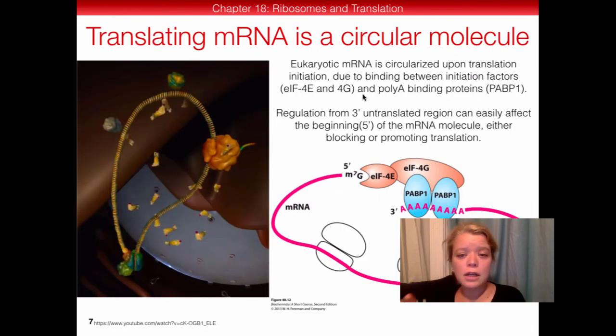Another thing that is not mentioned often when you talk about translation, I mean, you guys all know that ribosomes translate and so forth, is that frequently textbooks will draw the mRNA molecule as a line. There's a distinct beginning and a distinct end.